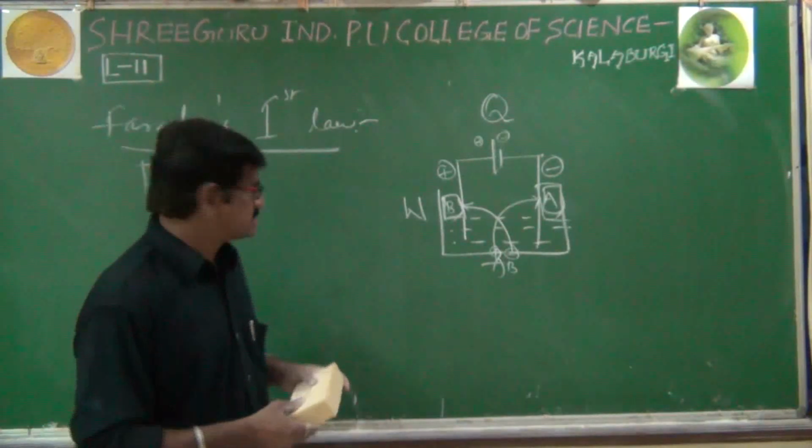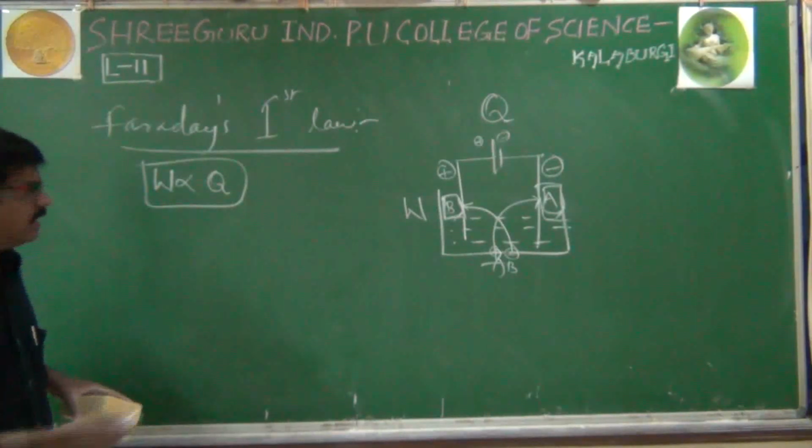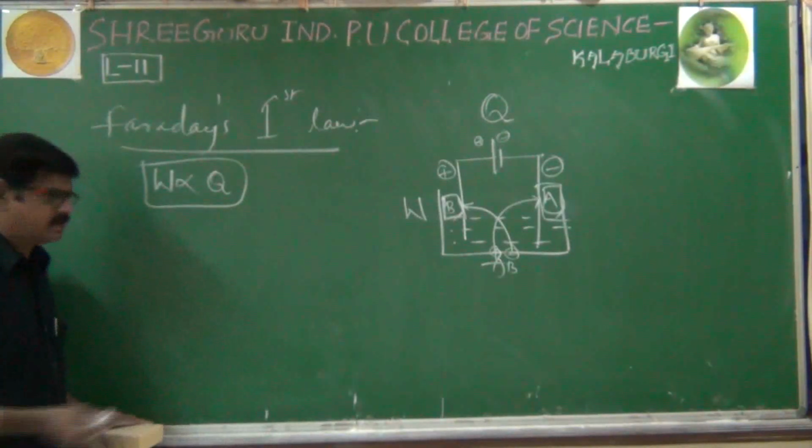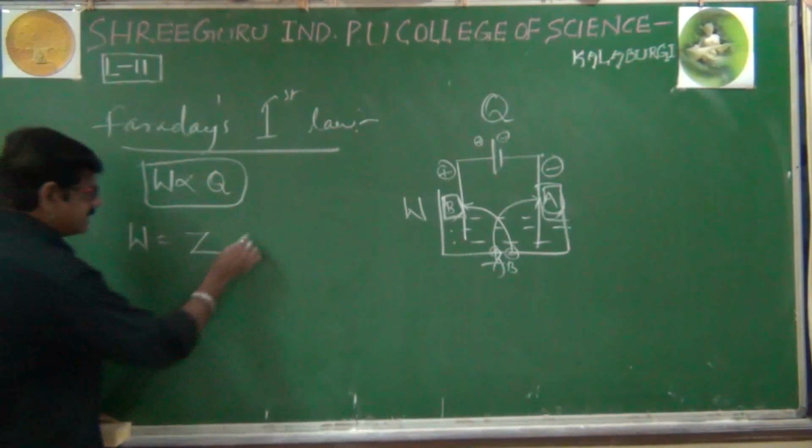Based on Faraday's first law, W is proportional to Q. We'll just expand the formula. I'll remove the proportional symbol here. Then we'll write like this: W is equal to some constant Z into Q.